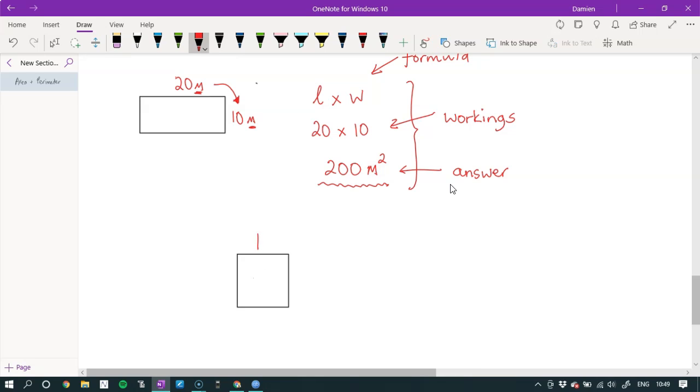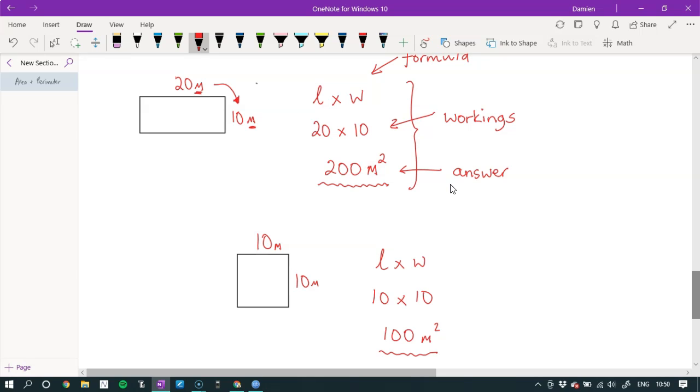So if you have this side of 10 meters, that might be all you're going to be given in the question. But because it's a square, if one side is 10, the other side has got to be 10. So again, it's going to be length by width, which is 10 multiplied by 10. That gives us 100, and because it's area, it's going to be meters squared. Your formula, your workings, and then your final answer, you can underline it and make sure you put in your units.